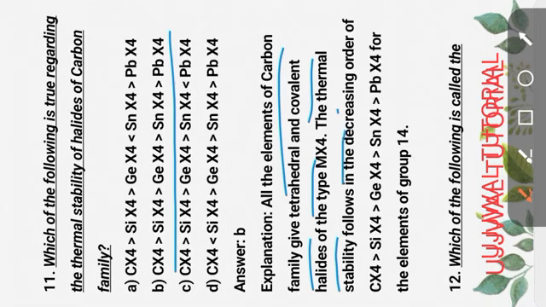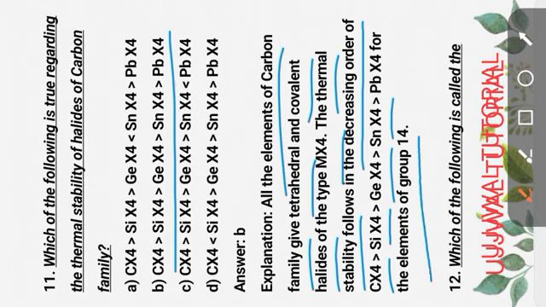The thermal stability follows the decreasing order CX4 greater than SiX4, GeX4, SnX4, PbX4 for the elements of group 14. C for carbon, Si for silicon, Ge for germanium, Sn for tin, and Pb for lead. Next question, question number 12.